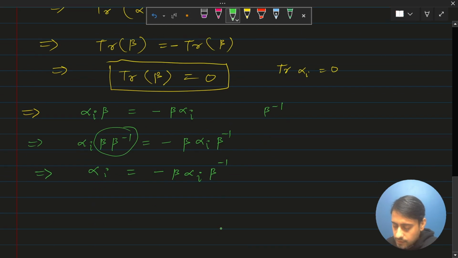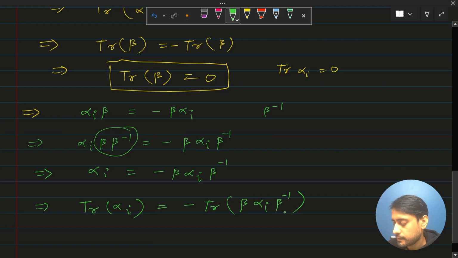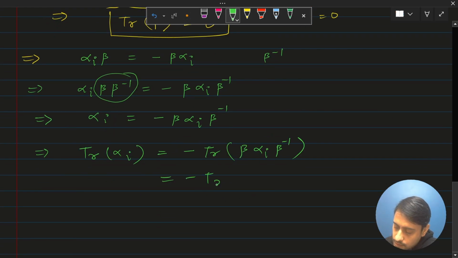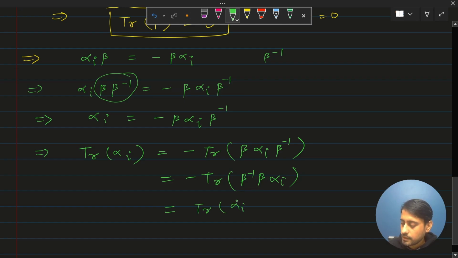And if I take the trace of alpha I, it will be negative of the trace of beta alpha I beta inverse, and you can write this using the cyclic order, minus trace of beta inverse beta alpha I. This will be 1, so trace of alpha I with a negative.